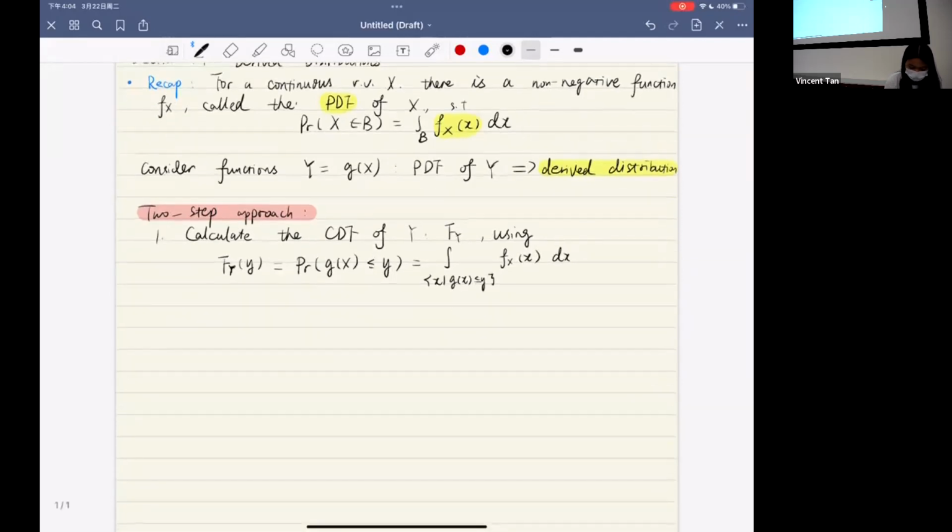So the cumulative distribution function of Y is just equal to this formula. Given the CDF of Y, we just need to differentiate it over y, and then we can get the PDF of Y. Step two: differentiate the star to obtain the PDF.